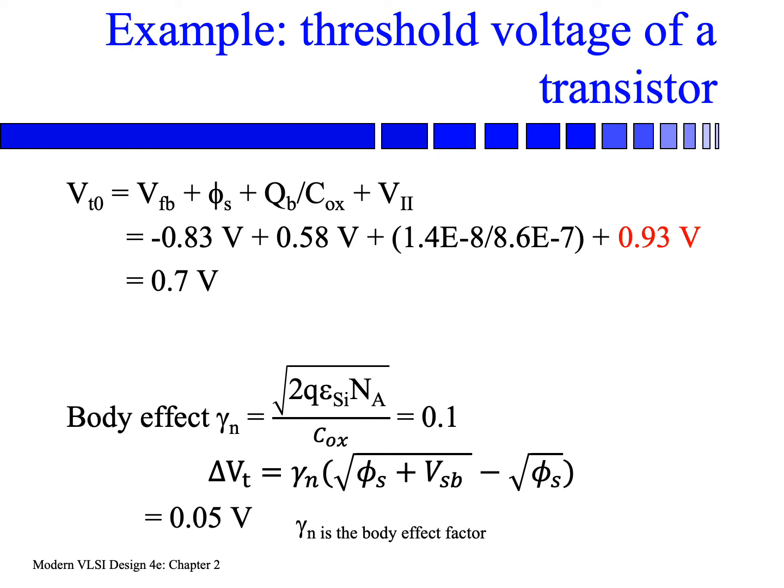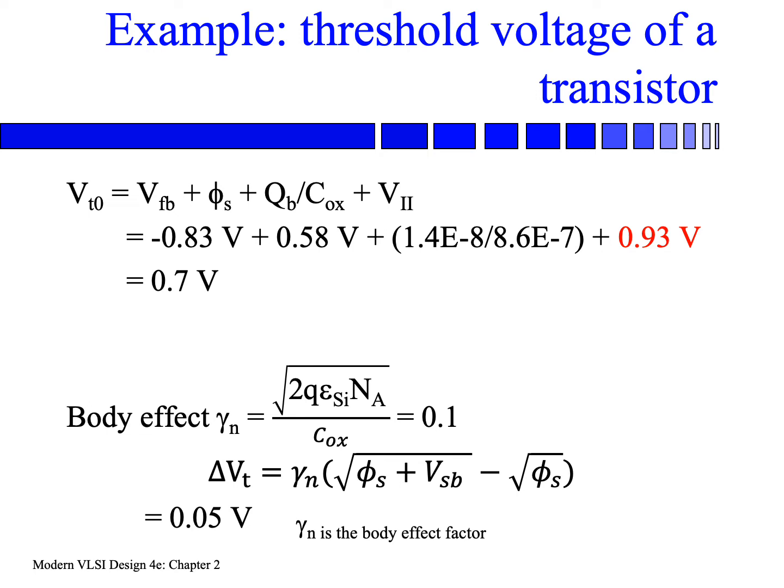So this formula shows that the threshold voltage is a function of the four components we just discussed: the flat-band voltage, the surface voltage, the depletion charge in the channel, and the ion implantation. Those numbers are just one example.